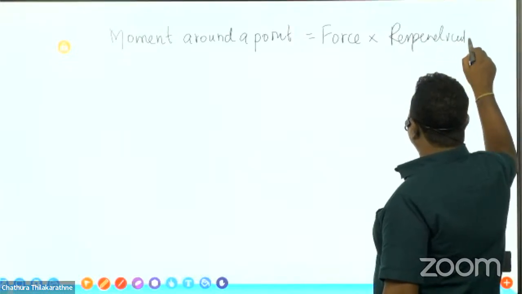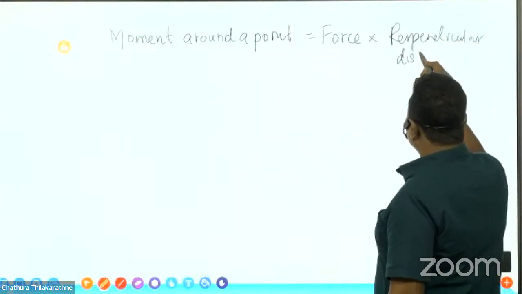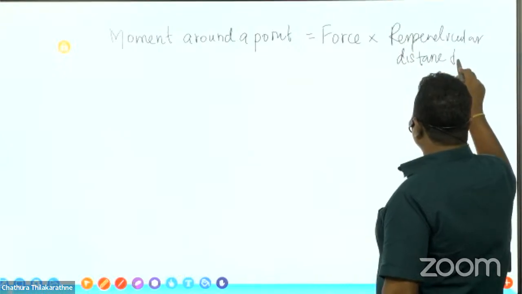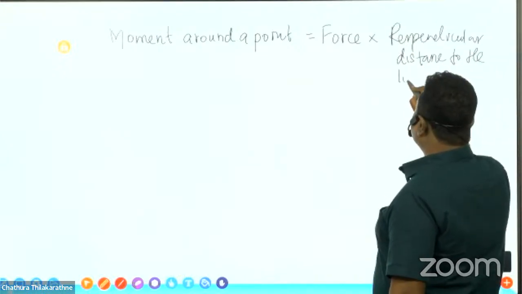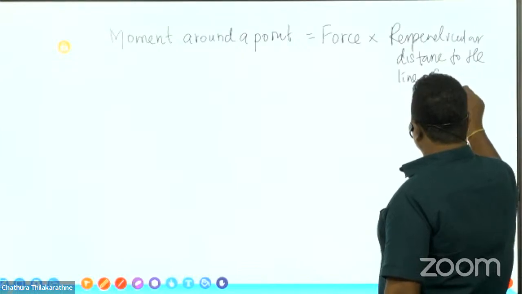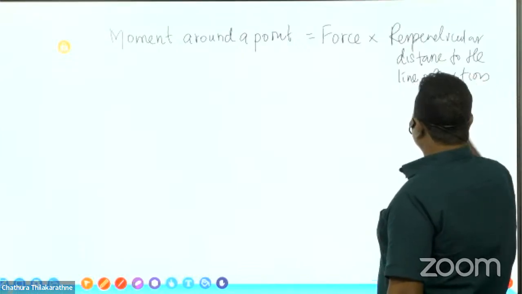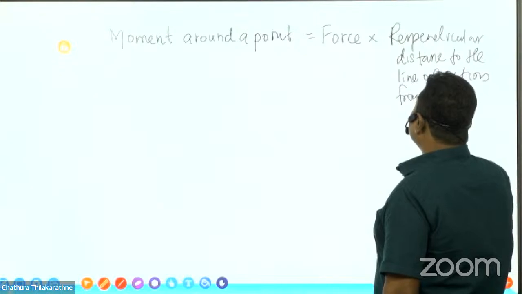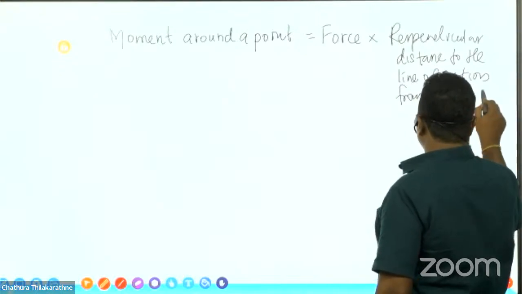Perpendicular distance to the line of action from the axis of rotation.